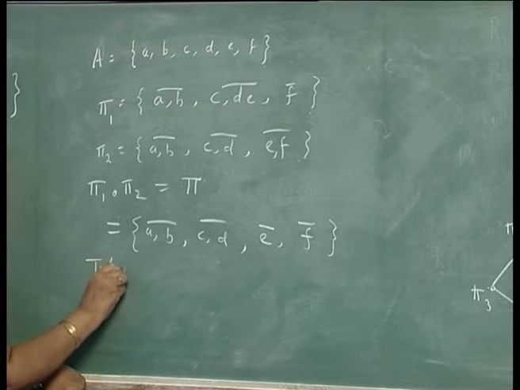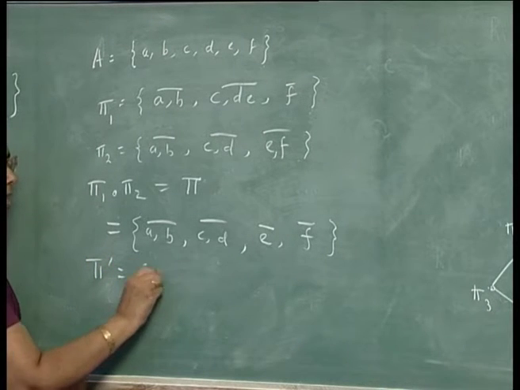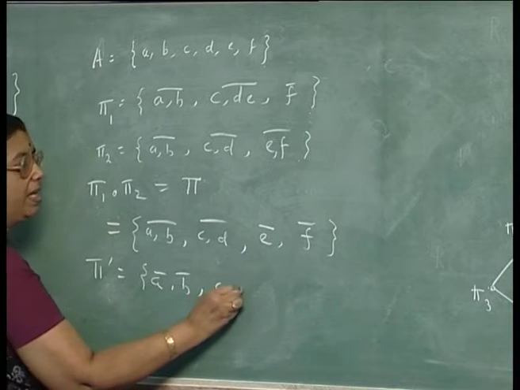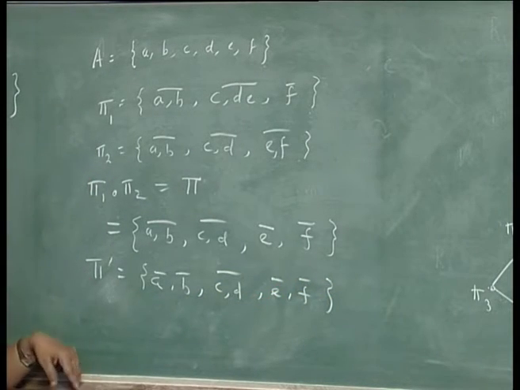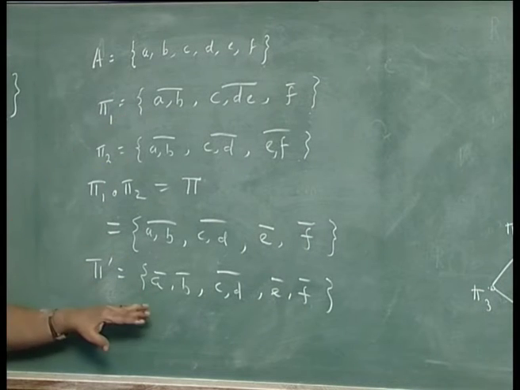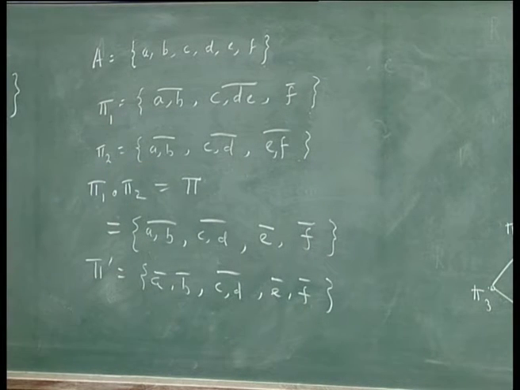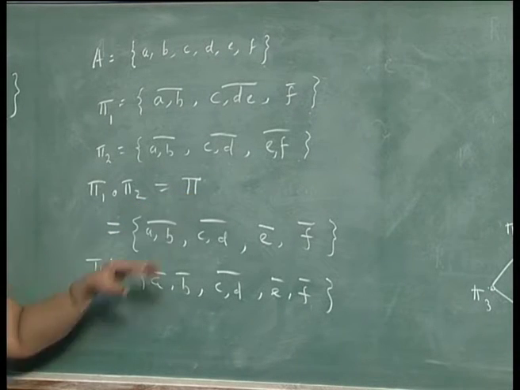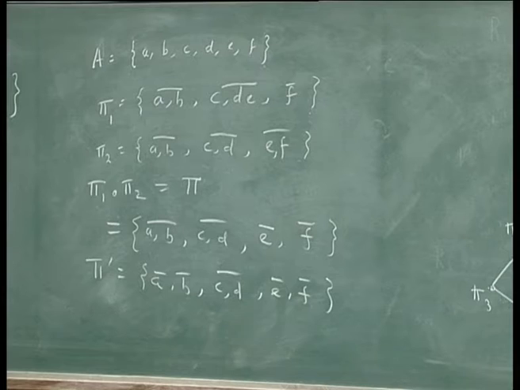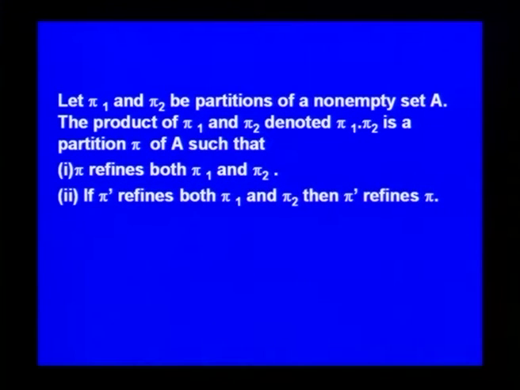And if you take, say, pi dash equal to A, B, C, D, E, F as separate blocks, which is some other partition, you see that pi dash refines pi 1 and pi dash also refines pi 2. You see that pi dash also refines pi. So, that is the condition. The product of two partitions pi 1 and pi 2, which is denoted as pi, refines both pi 1 and pi 2, and if pi dash refines both pi 1 and pi 2, then pi dash refines pi.